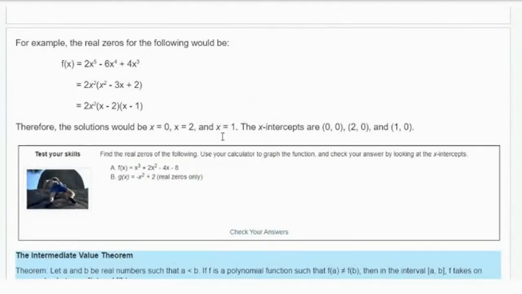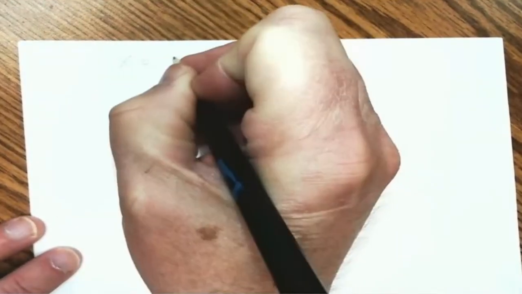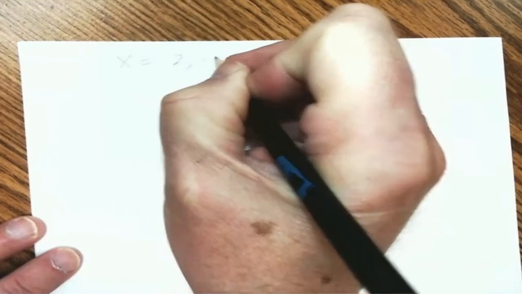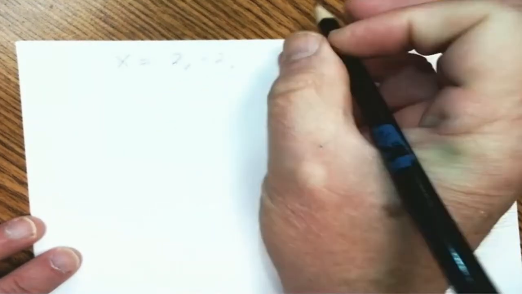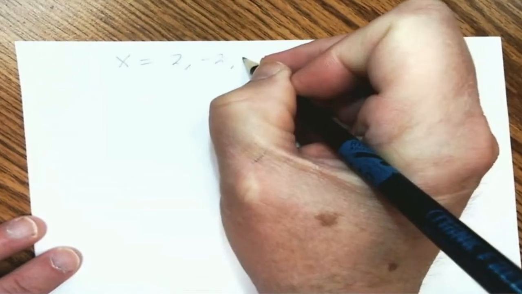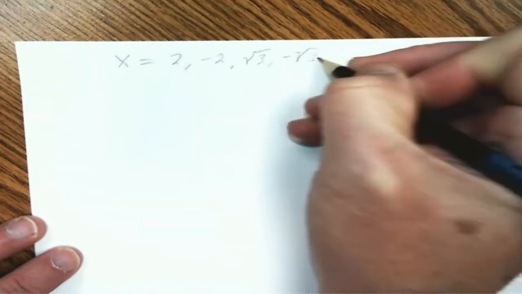Let's do one of those real quick, because you're going to have something like that on your assignment this week. What if we just know what the factors are? Can we figure out what the equation is? The solutions are x equals 2, negative 2, and let's say square root of 3 and negative square root of 3.